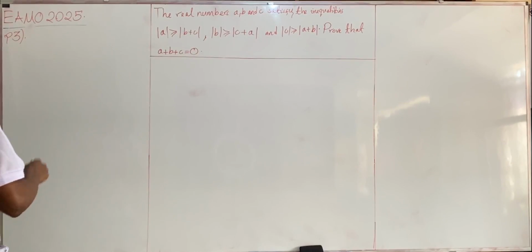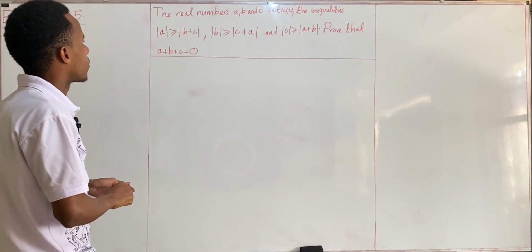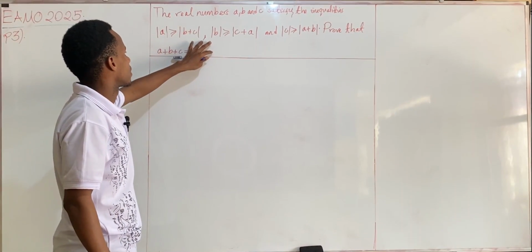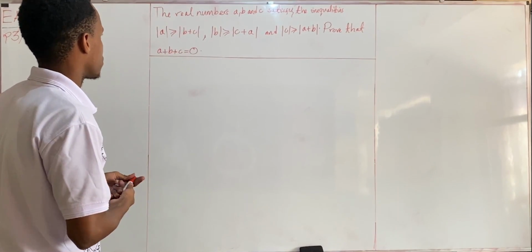So in this case, we have these real numbers. They could be positive, negative, or 0, but they satisfy this strange sequence of inequalities, and we have to prove that their sum has to be equal to 0.